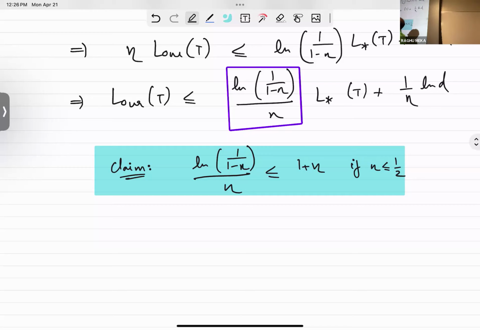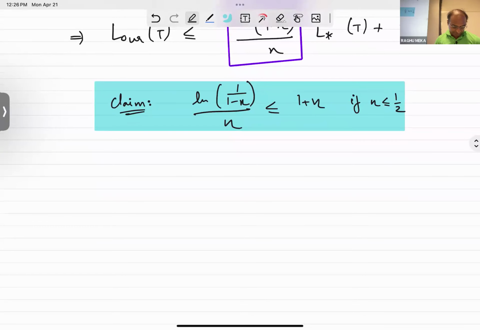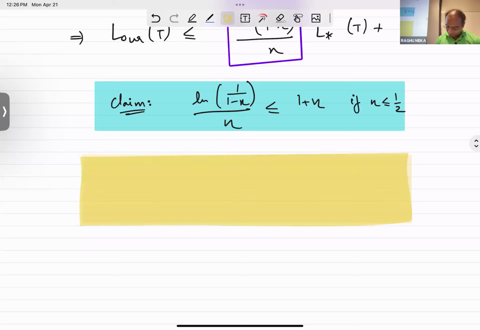And you can prove this by just looking at the Taylor series or just plotting it or whatever you want. Okay. So we just take that for granted and we get our final claim that we wanted to prove.